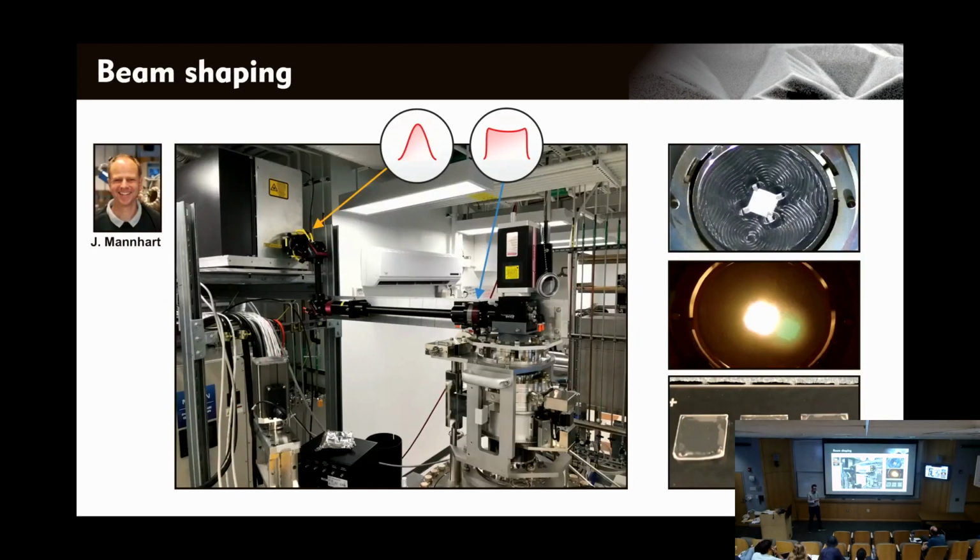And in a modern sense, this was re-engineered by the group of Jochen Mannhart at Max Planck when I was a postdoc there, taking the same CO2 laser and doing some beam shaping in a slightly more sophisticated way. And what you do is you take the Gaussian beam and you turn it into a quasi-flat top in some free space beam profile, and you shine this on the back of the substrate. Okay, it's really not that technical.